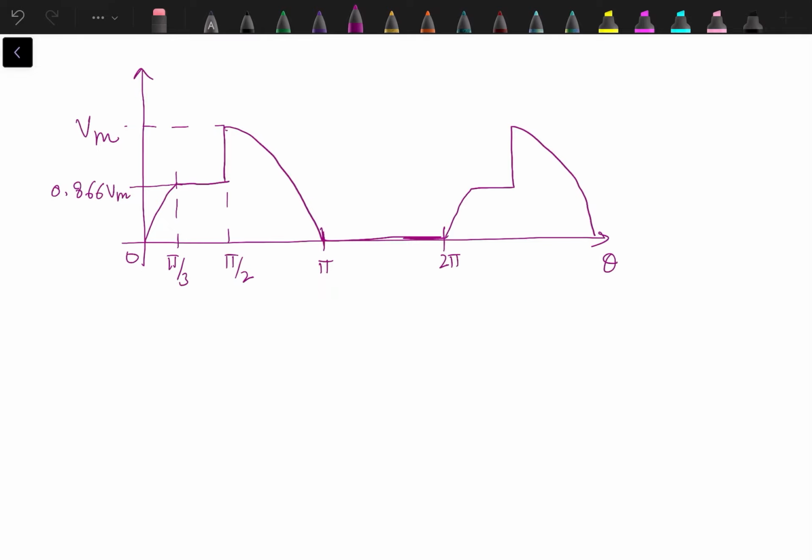So actually this voltage V, which we need to express, has three different variations. From 0 to pi by 3, it's Vm sine theta.